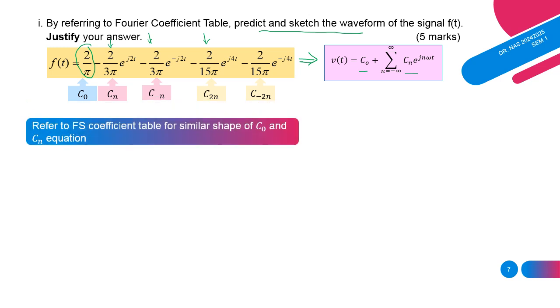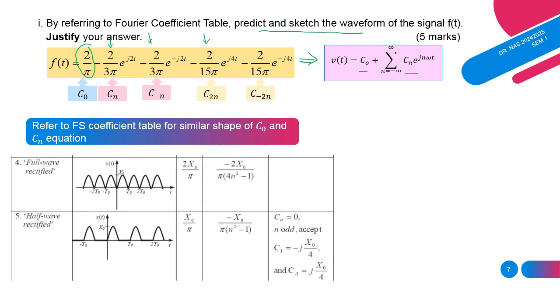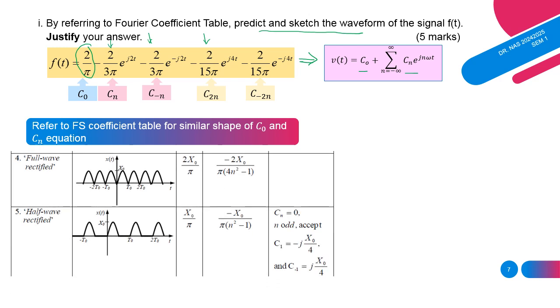Then you need to refer to the Fourier coefficients table and look for a more or less similar shape of C0 and Cn equation to the given equation. From the table, these are the two signals that have C0 and Cn more or less similar to the equation shown. This column is for your C0 and this column for your Cn.